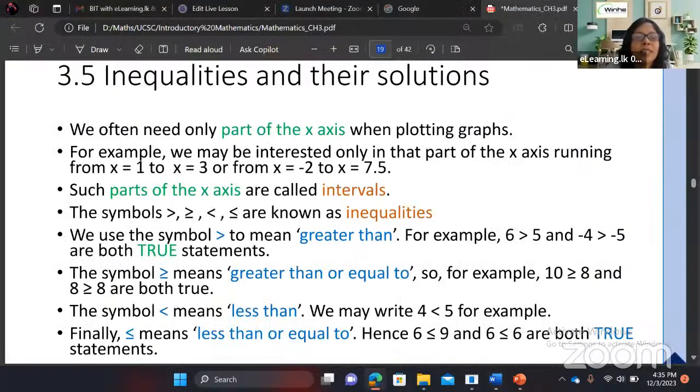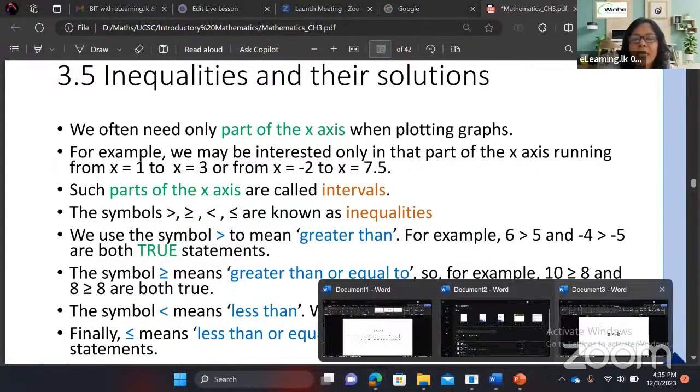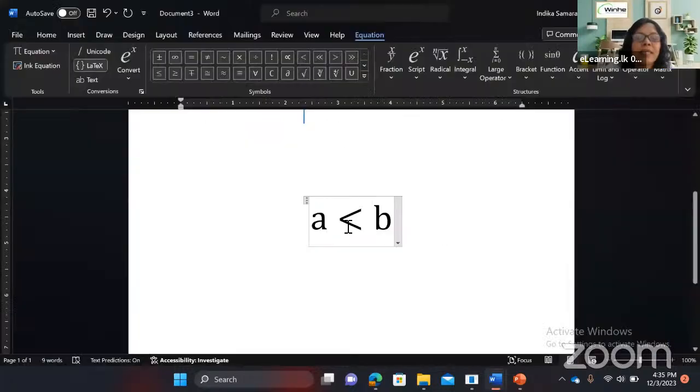We call those inequality signs. Here you can see this sign. If you use this sign, that means it will not be equal to B. It will be less than or greater than. If you use the sign with the equal sign, that means A can be less than or equal to B.